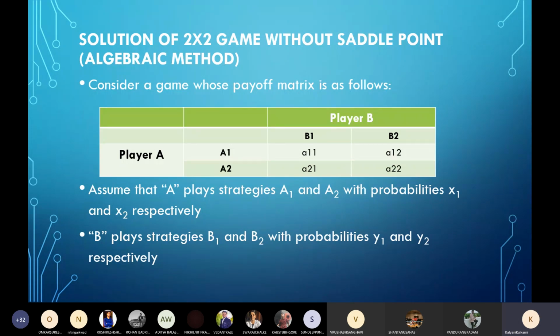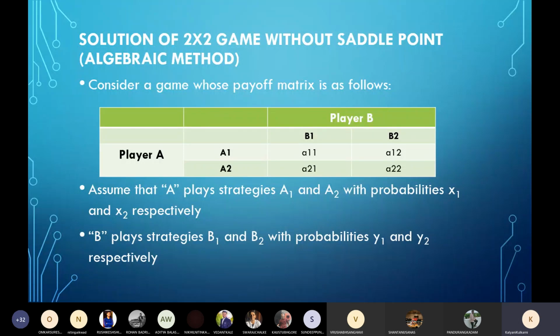So consider a 2-player game of order 2 by 2 giving the following payoff matrix. Okay, payoff matrix म्हणजे जे काय cell values आहे, those are your payoff values or probabilistic values. Assume that all of you note down this properly.